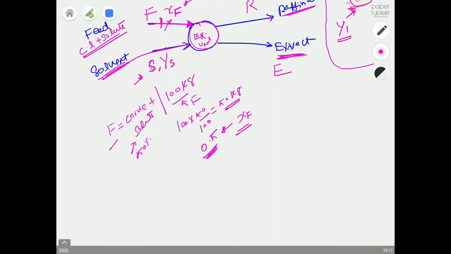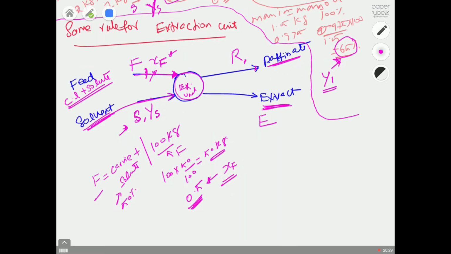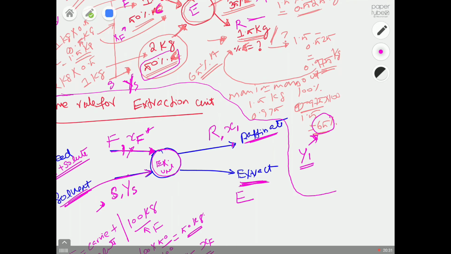And then in the raffinate side, just assume your raffinate contains some percentage of your solute, or if you want we can use the word mass fraction of your solute. That will be equal to x1, and then in the extract side, the mass fraction of your solute will be equal to y1. So we are just giving some notation.